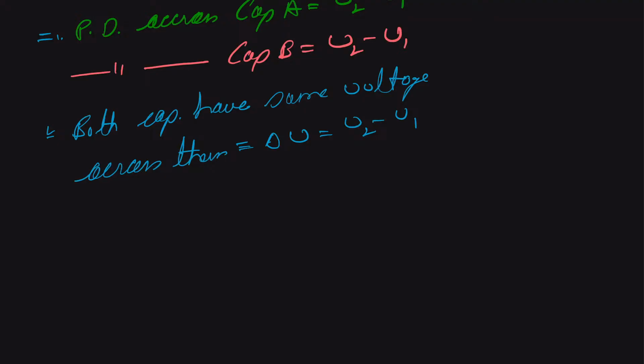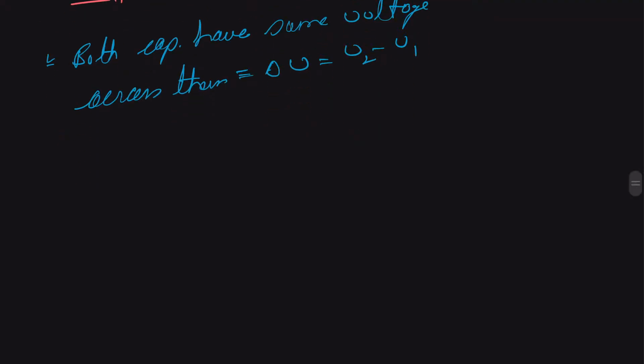Now let's find out what will be the charge on each capacitor. For capacitor A, shell 1 is the inner and shell 2 is the outer. So 1 is on the inner side and 2 is on the outer side.